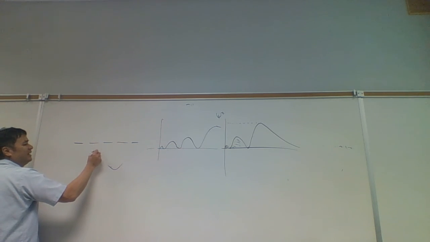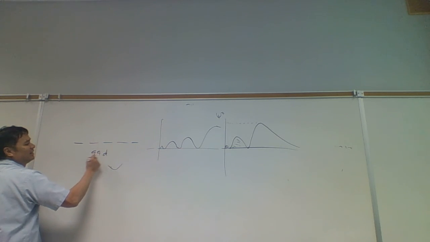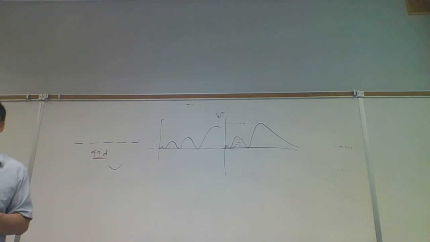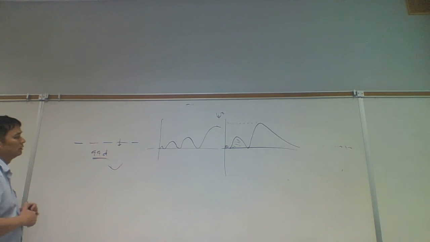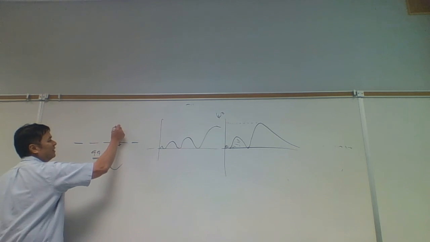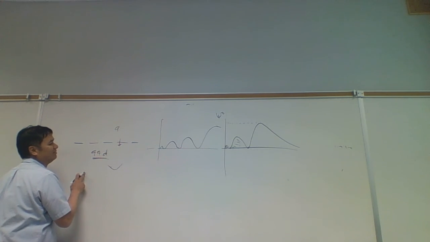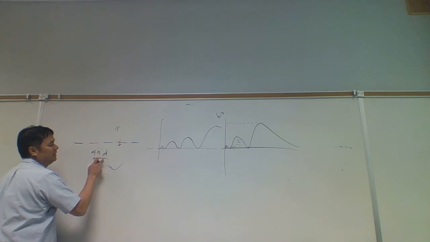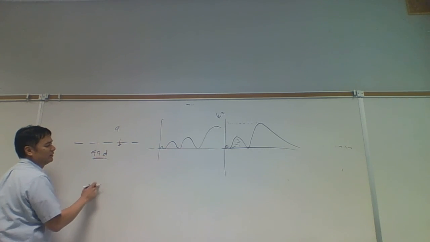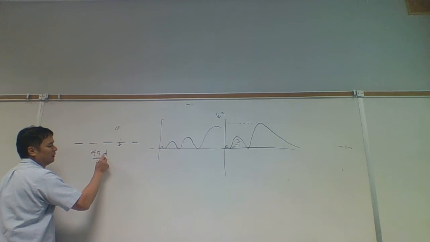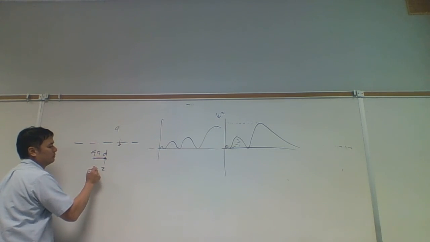And so let me go to the 99d orbital. Do 99d orbitals exist? Yeah. Okay, let's say I want to do this electron in the 99d orbital. What are the quantum numbers for that electron? d is 3, so l is going to be 2. Is d 3? 0 is s, p is 1, so d is 2.